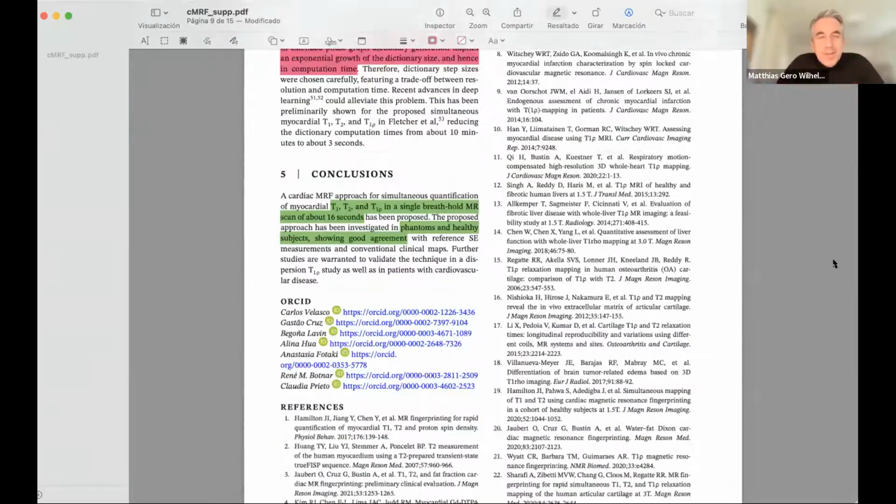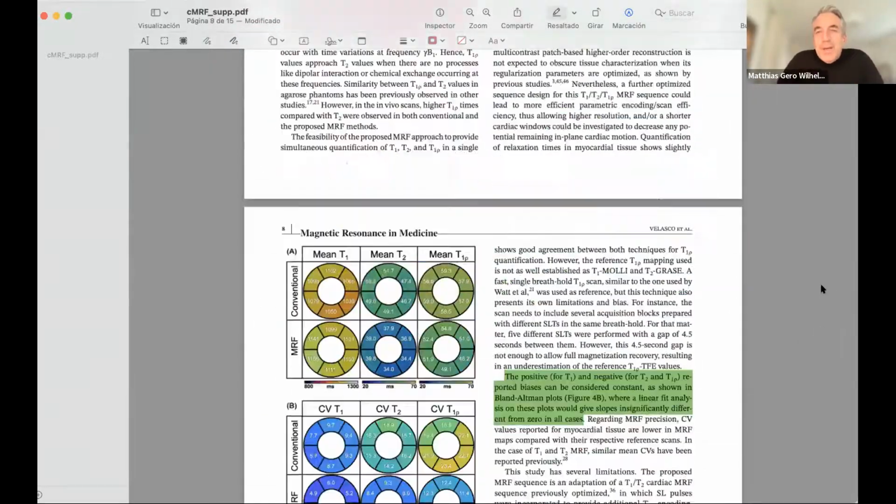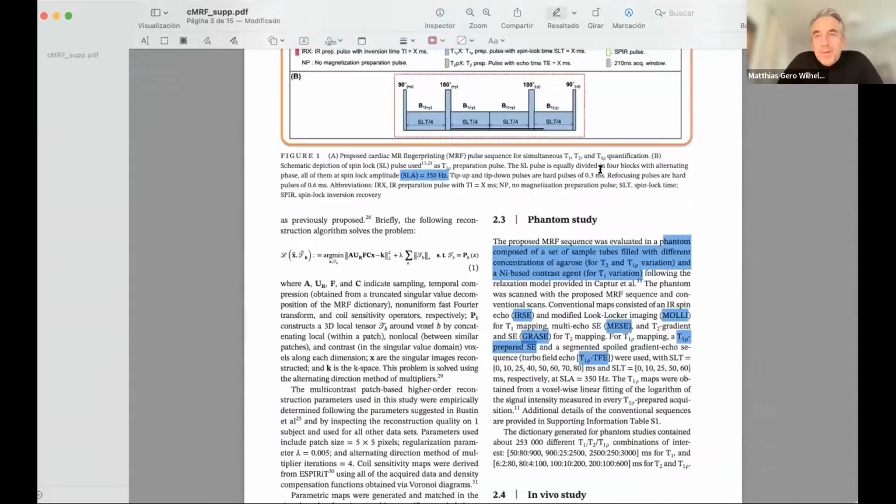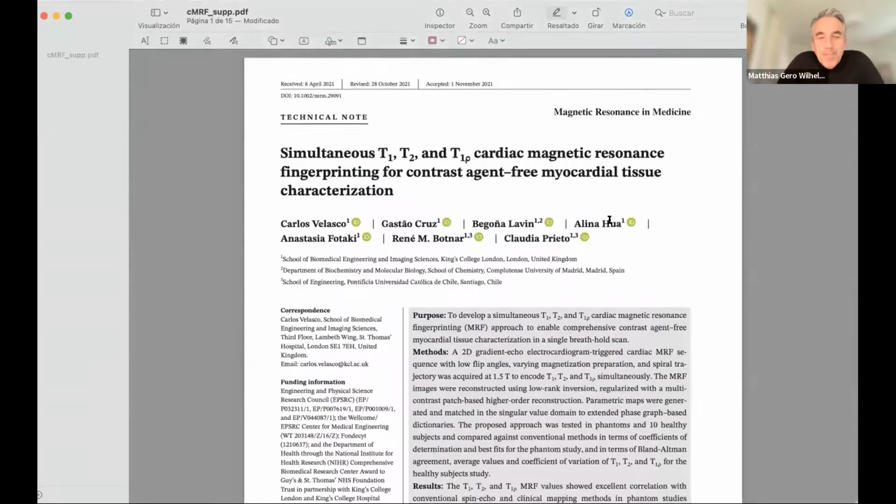Thank you very much. Before I forward a question from Vengmurti, just a brief summary: you can basically do T1, T2, and T1rho in 16 seconds with good agreement.